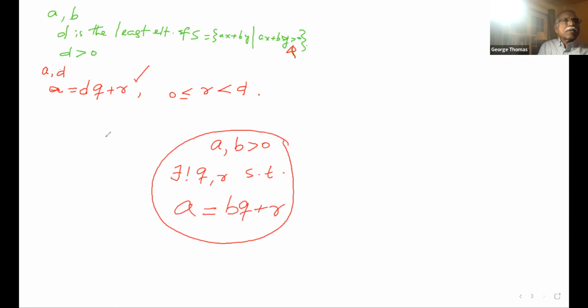Here is a situation like that: an A and a B which is bigger than 0. So I can apply that, A equals BQ plus R. Don't confuse this with the earlier B. There, R was less than B and greater than or equal to 0.